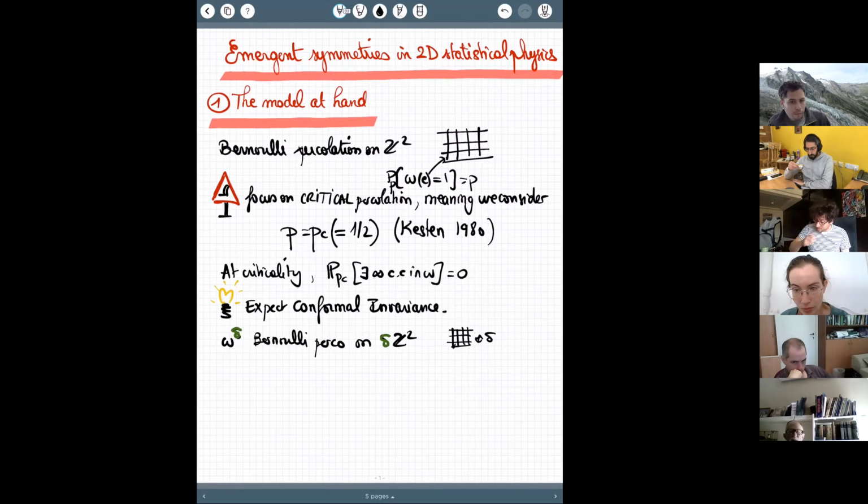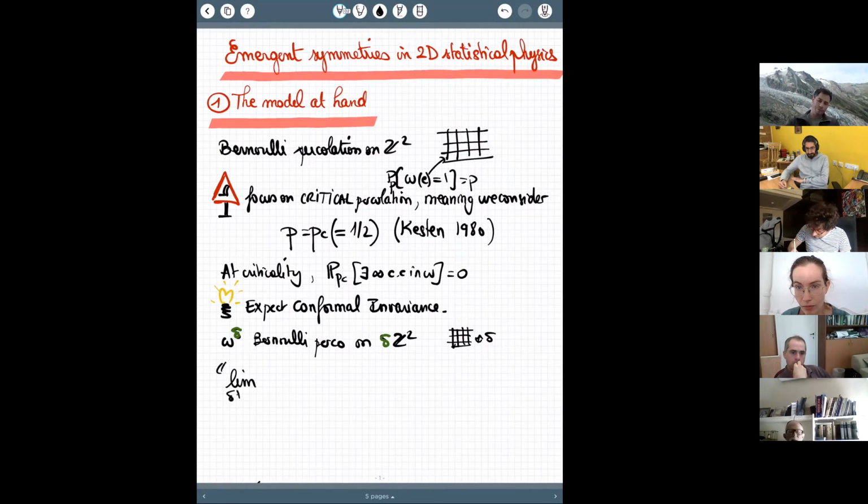And what conformal invariance means is that the limit, I will give a little bit more sense to this in a second, but let me state it a little bit informally.